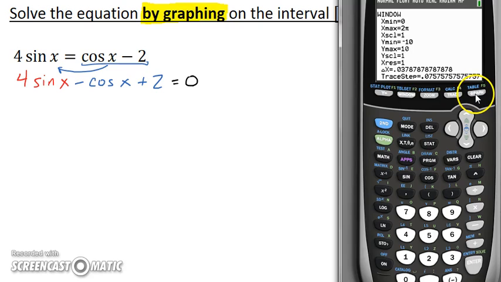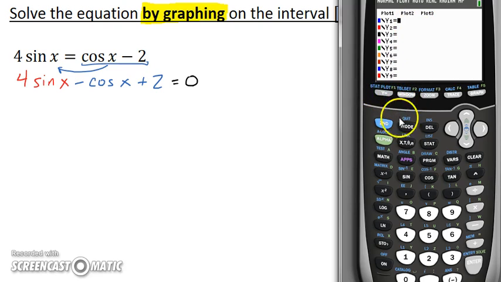So now let me look at a graph and see if I can find where this is true. Essentially, I'm going to graph this, and I'm going to see where that might equal 0. So let's hit y equals. There's nothing on my graph window. I need 4 sine of x minus cosine of x plus 2.